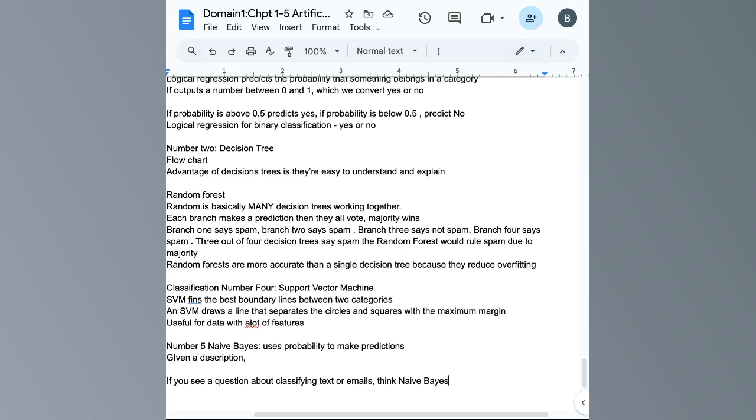For example, let's use our spam filter. If there is the word free in an email title, we decide that it's 80% chance that it's spam.